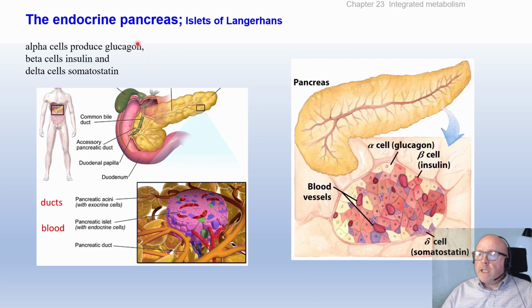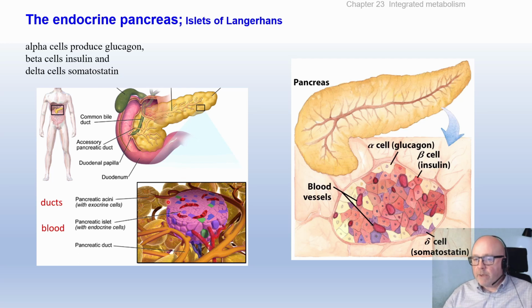When it comes to insulin production, insulin and glucagon and somatostatin, there are these three cell types: alpha, beta, delta cells, found in these clusters of cells called the islets of Langerhans inside the pancreas.